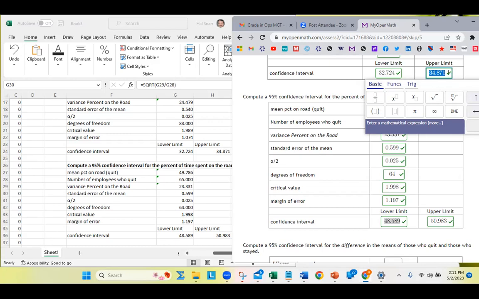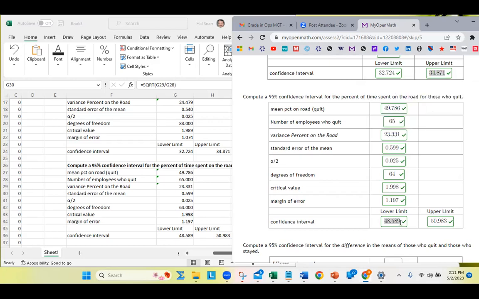So worst case scenario for the employees who don't quit, we're talking about at most 35% is the percent of time our current employees are on the road. Whereas best case scenario for the ones who quit our firm, they were on the road about 49% of the time, right?